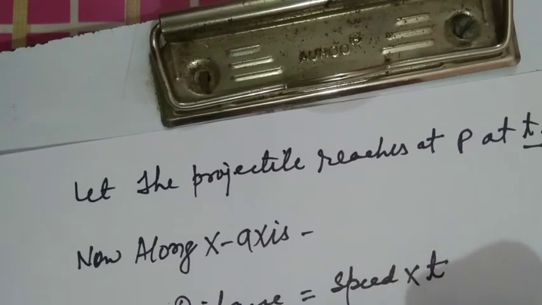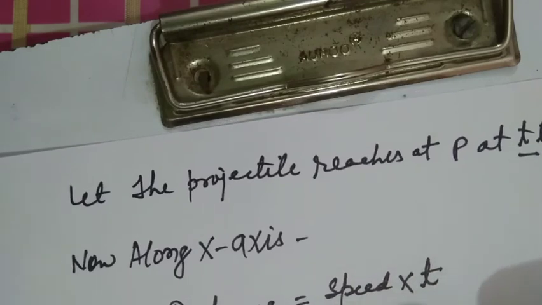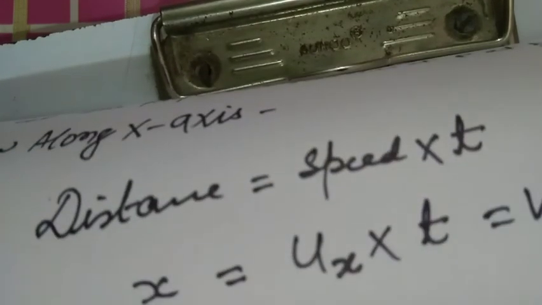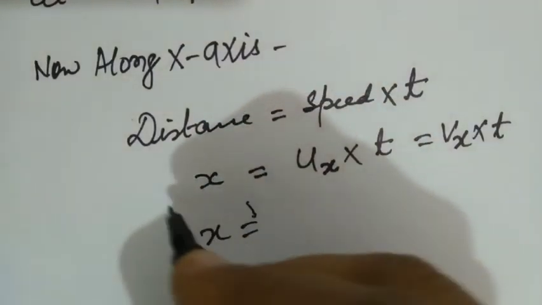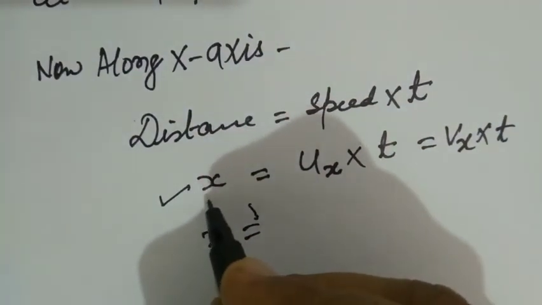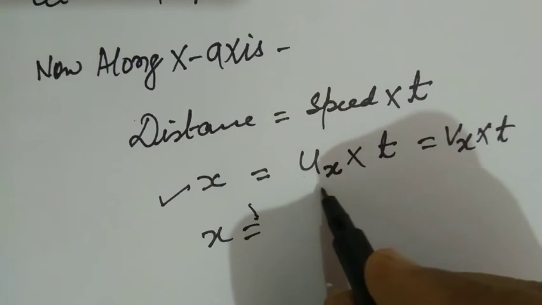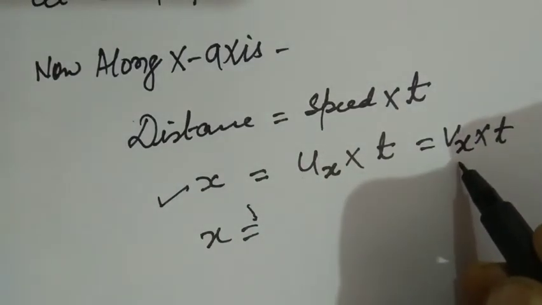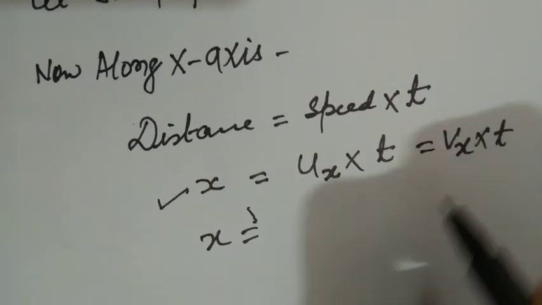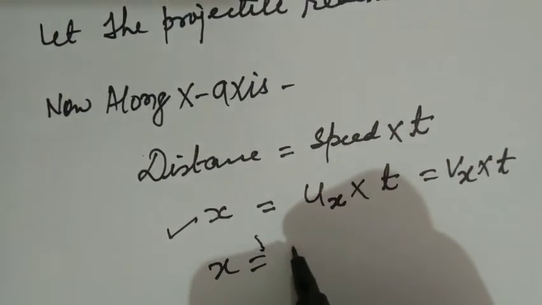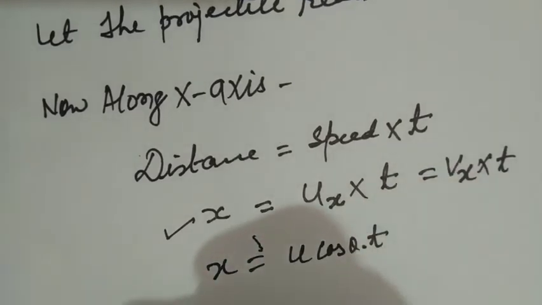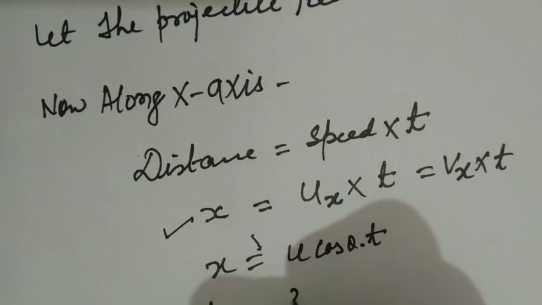So u into t or vx into t. Now put the value here. Horizontal component of velocity, initial, or you can write final here. After time t it becomes vx. So both here same. So x is u cos theta into t. So t is equal to x by u cos theta.